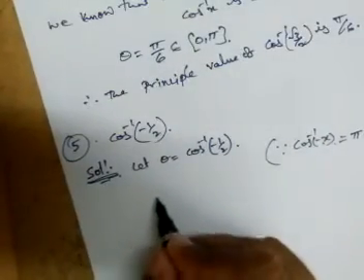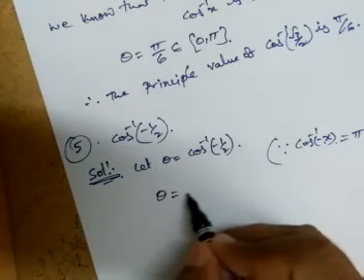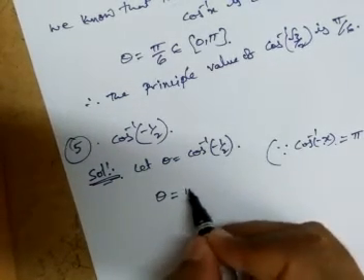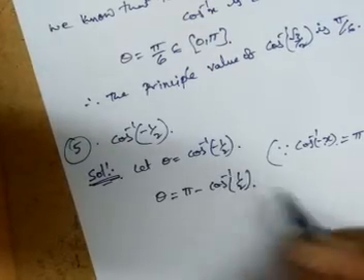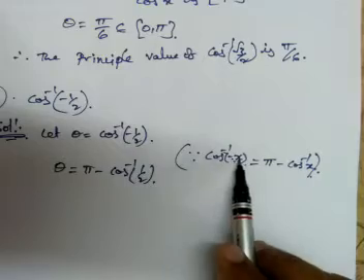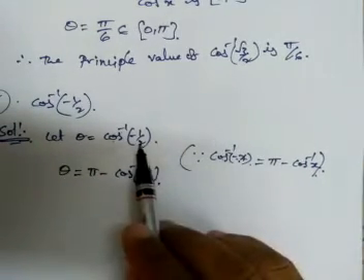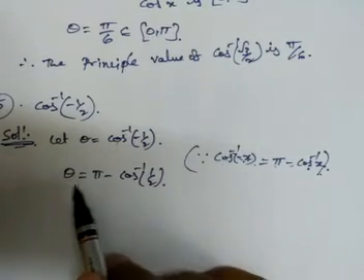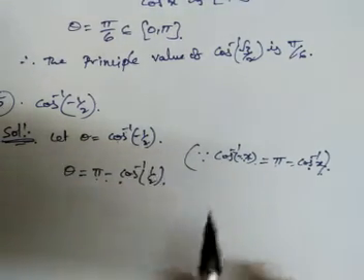Now theta equals, apply this formula: cos inverse of minus 1 by 2 equals pi minus cos inverse of 1 by 2. According to this formula, in place of x we have 1 by 2. So theta equals pi minus cos inverse of x, where x means 1 by 2.